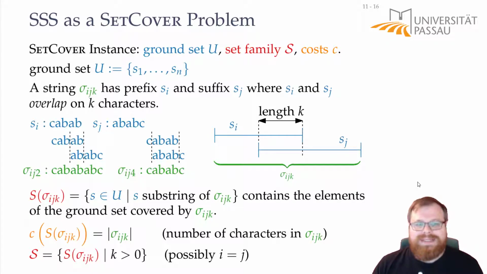So our goal is, if you give me some instance of shortest superstring, I create this set cover instance, I try to solve it, probably with a greedy algorithm that we had before, since we know this is the best thing we can do. And from the solution that we get for the set cover instance, we want to read off again a solution for our shortest superstring instance. The problem is that the set cover instance that we are building might not give us the optimum solution for shortest superstring.